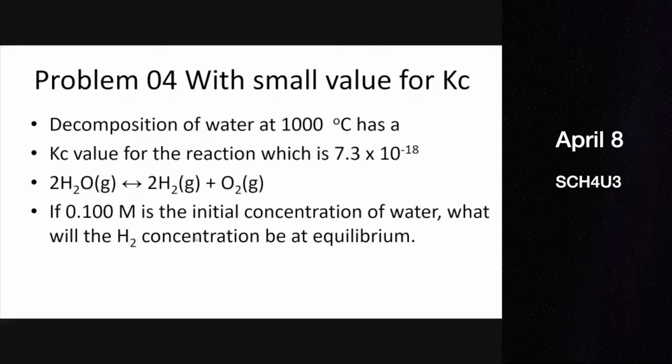So you have 0.1 mole, which means the change in the number of moles of hydrogen and oxygen is really, really small. See if you can come up with an answer for it. We also make an assumption here that the actual change in concentration of water is very, very small, because the number of moles of hydrogen and oxygen formed is extremely small.